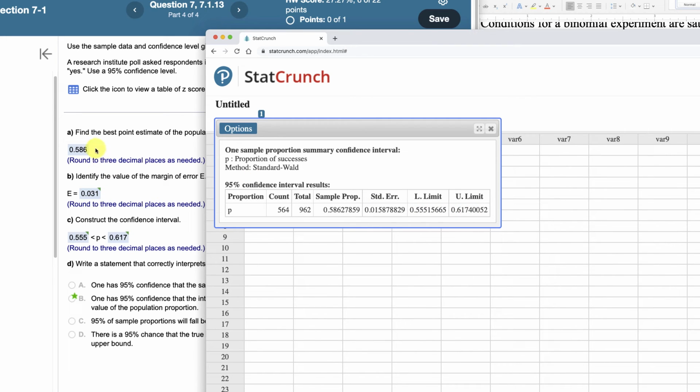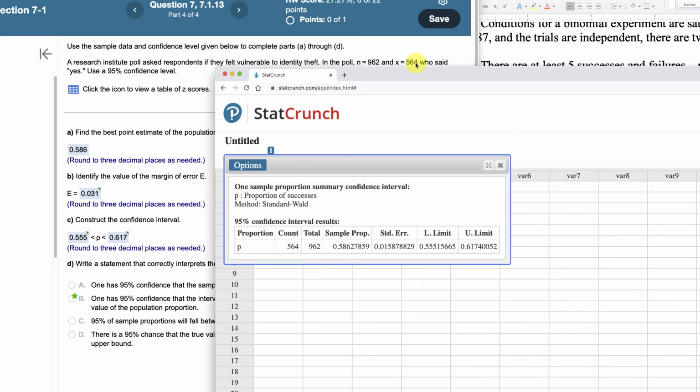But how do we get the error and the point estimate? Well, you have to do the point estimate, right? That's just the same thing that we did at the beginning, 564 divided by 962. And this one now is the middle, because remember, the error was 0.031 plus that and minus that. So this is the middle of these two, the 0.586.